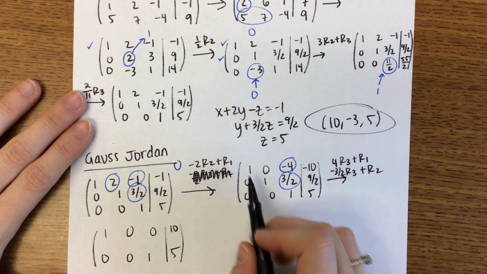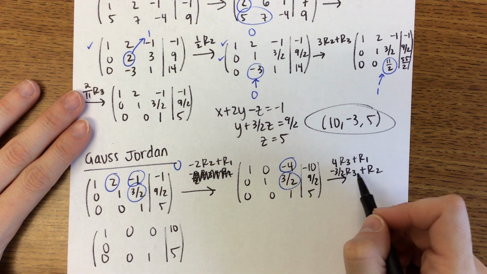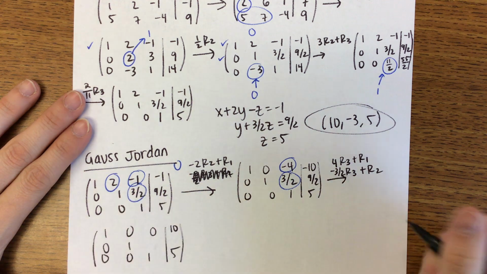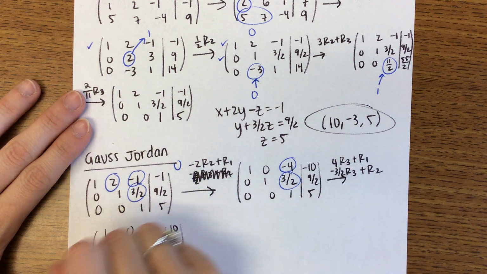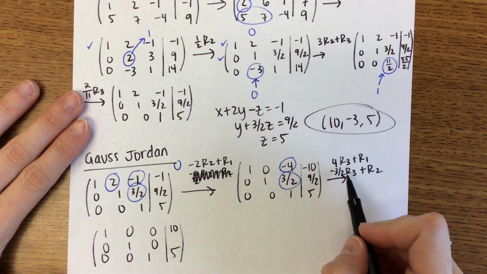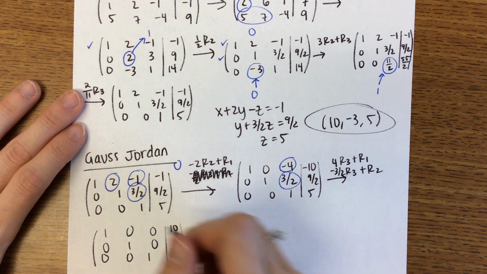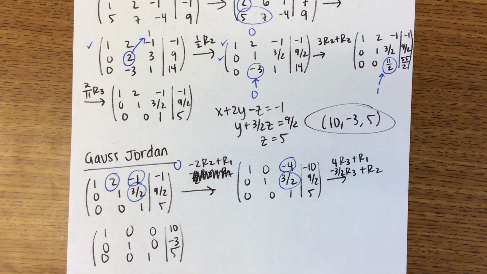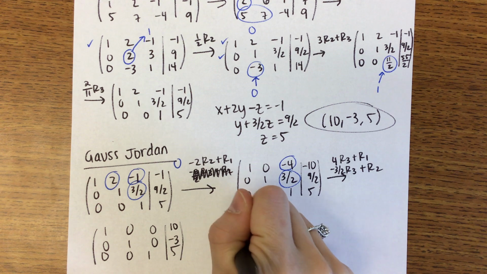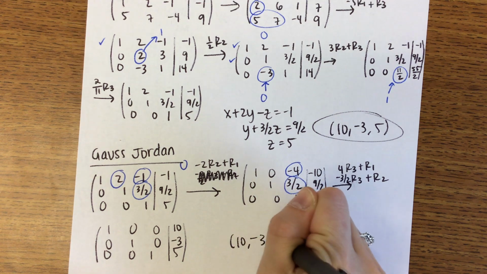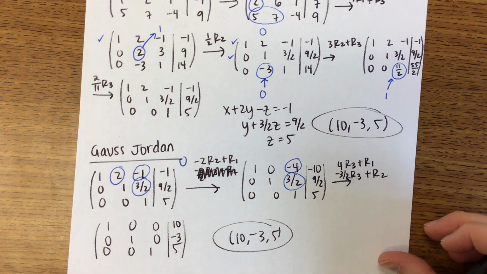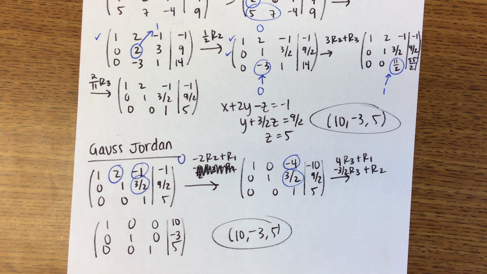And then here, 0 add 0 gives me 0. 0 add 1 gives me 1. -3 over 2 add 3 over 2 is 0. -15 over 2 add 9 over 2 is -6 over 2, which is -3. So we get 10, -3, 5, which should not be a shock because we had already solved the problem.